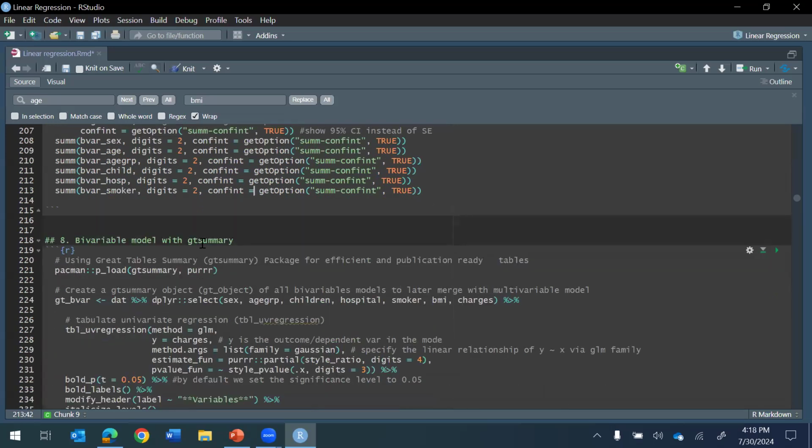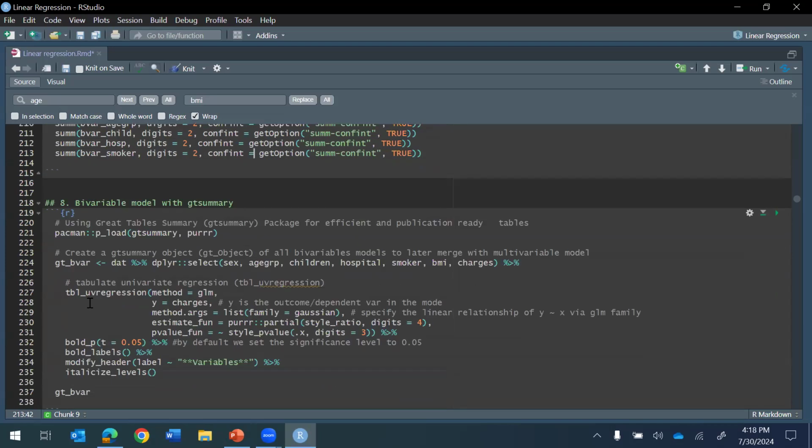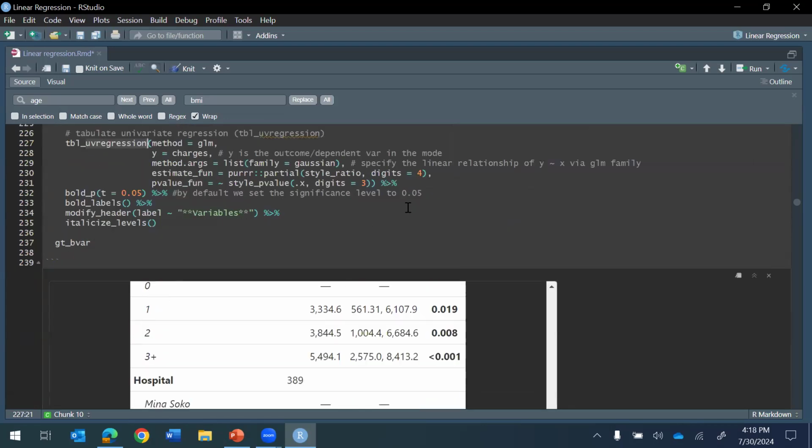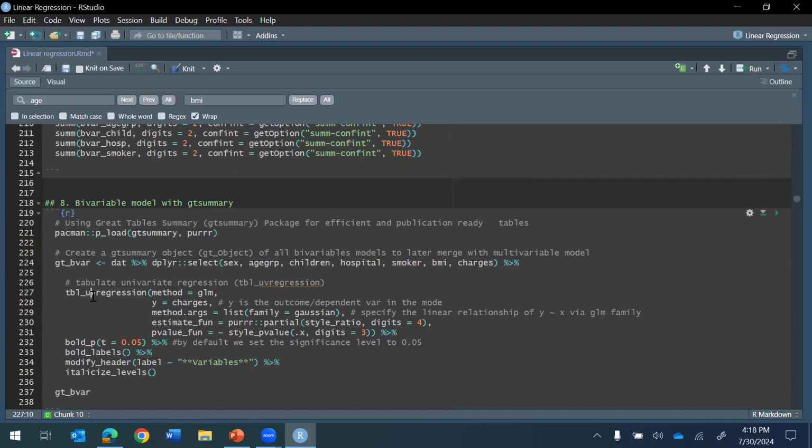But the gtsummary package, Great Table Summary as they call it, does a better job. It can combine all these models for you so that it comes in one easily formatted table that we often want to present. And for that function, we use tbl_uvregression. The other one would be tbl_regression or something like that. We'll check it out. But this one is UV, which is basically univariate regression.